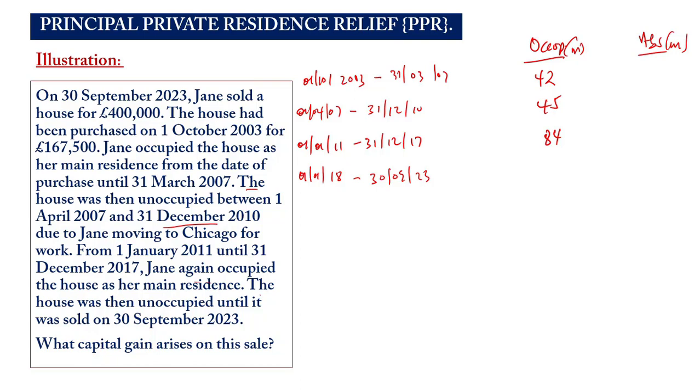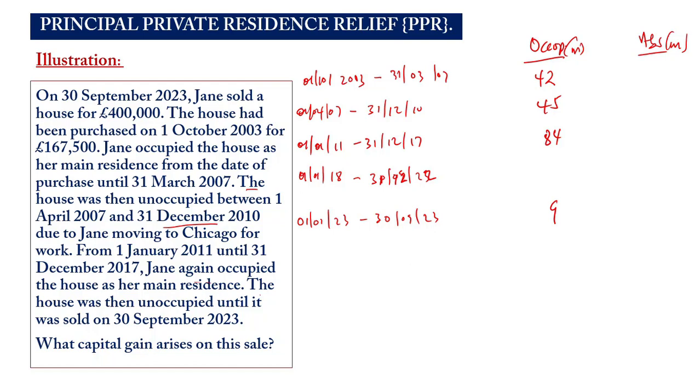From 1st January 2023 to 30th September 2023 will be deemed occupation as the last 9 months of the period, right? So we can just restrict this one to 31st December 2022. Do you agree? So from 1st January 2018 to 31st December 2022, that's 60 months. She didn't live in the house.